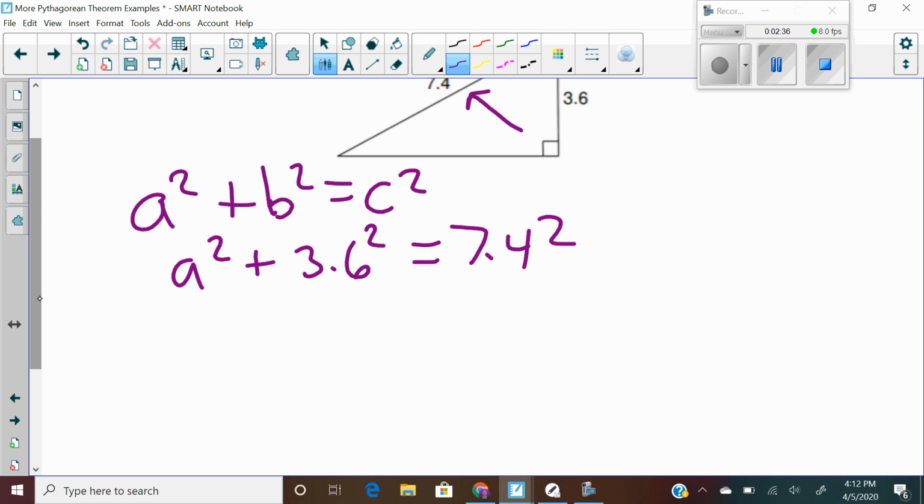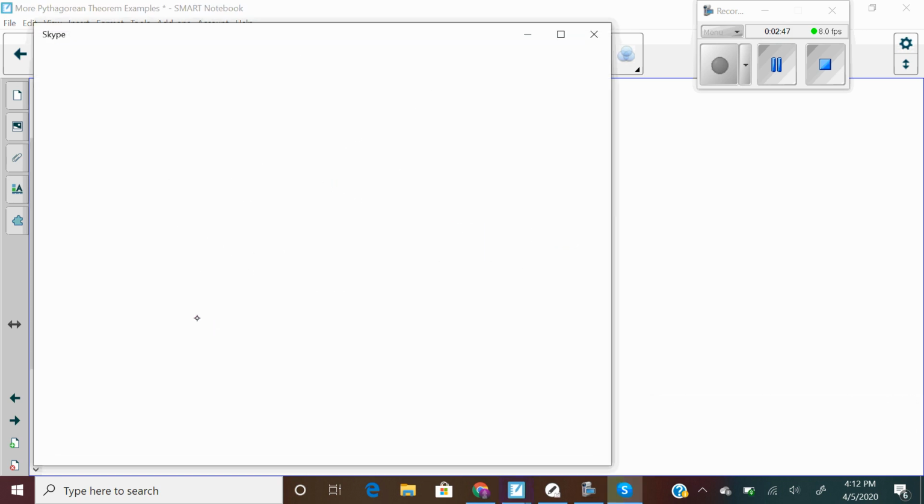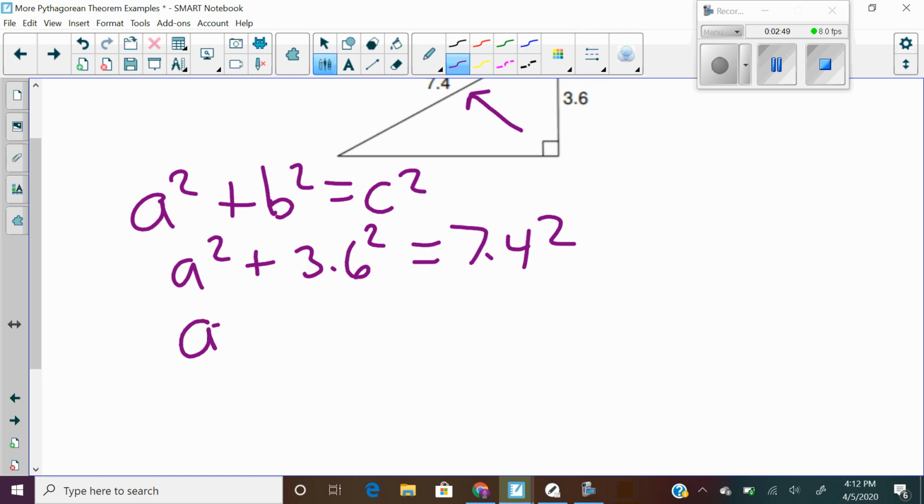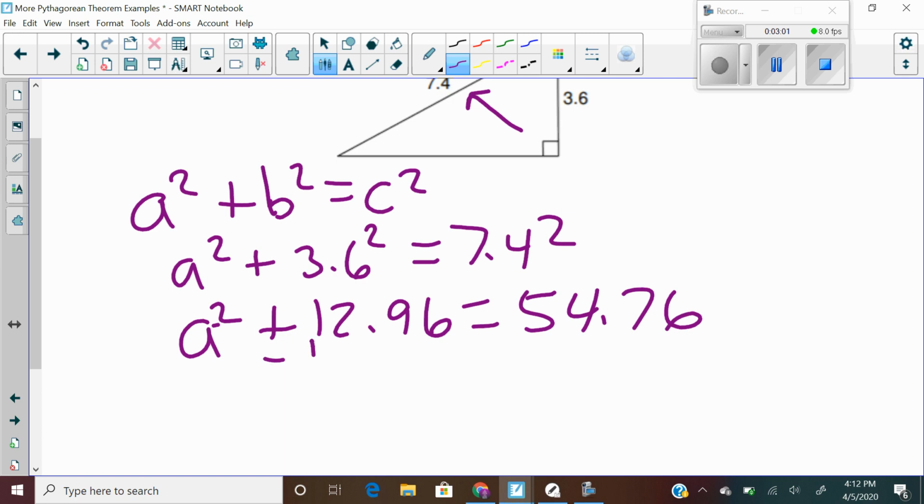So 3.6 times 3.6, or 3.6 squared, is 12.96. 7.4 squared is 54.76. So then I subtract to get a by itself.